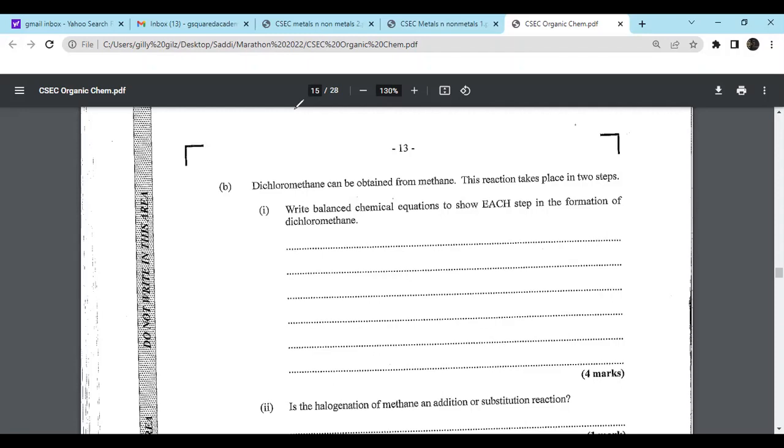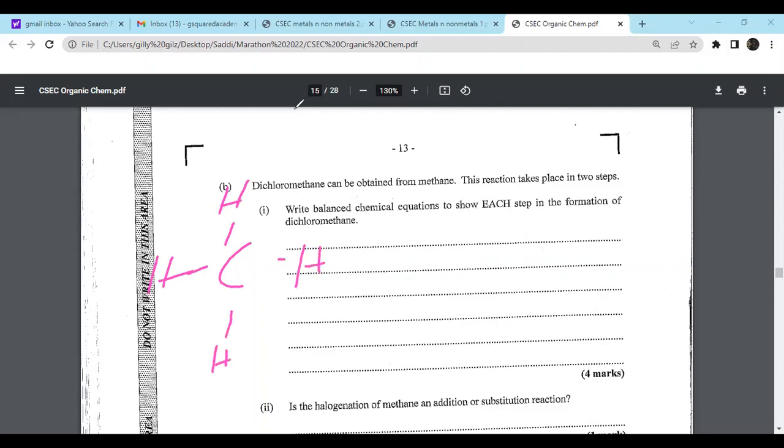So dichloromethane is being formed from methane, okay? And this is a halogenation reaction. You're adding chlorine to the methane. For this to happen, you need light. So it takes place in stages. First thing you want to do is you want to draw your methane. So this is methane, okay? And it takes place in stages.